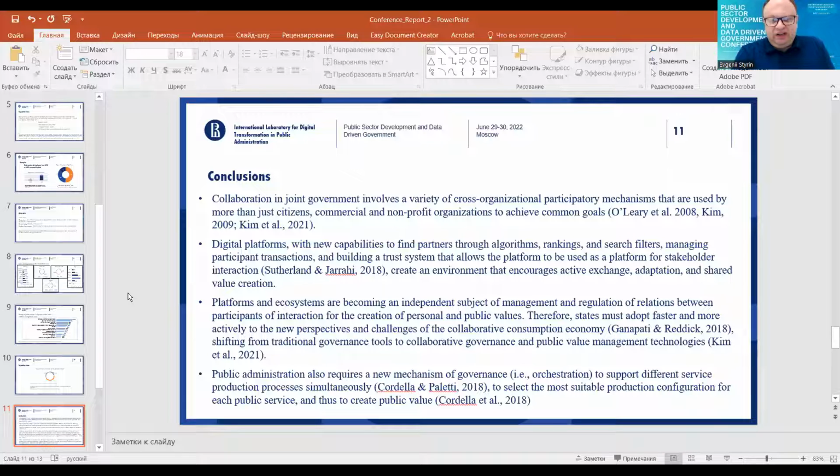Finally, digital platforms as a new phenomenon become the object of regulation by governments, and they become quite independent and influential digital phenomena. Government pays big attention to different types of platforms.